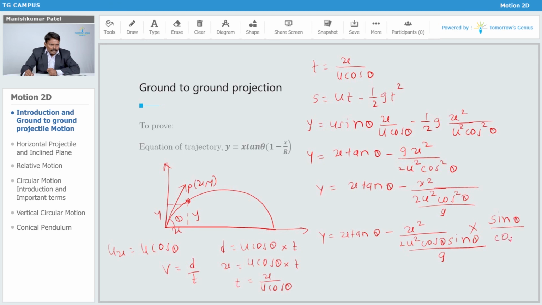If you simplify this, y is equal to x tan theta, you can take it common, and in the bracket it is 1 minus x upon the range. That is how you can find the equation for the trajectory. So this is the equation of trajectory along which the object is going to move. This is an important expression for the equation of trajectory.